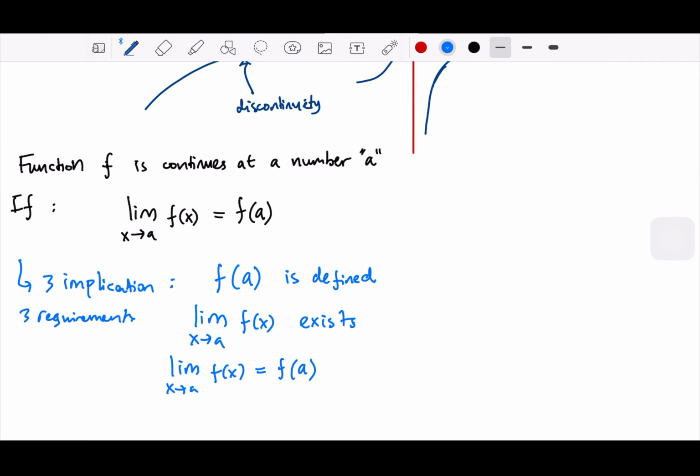Let me draw something on the right side so we can have some visuals.